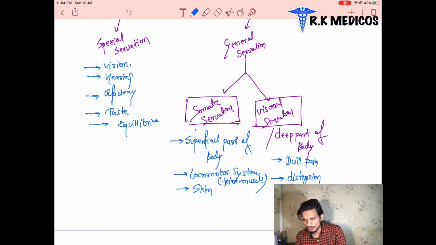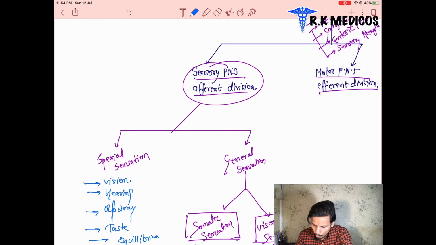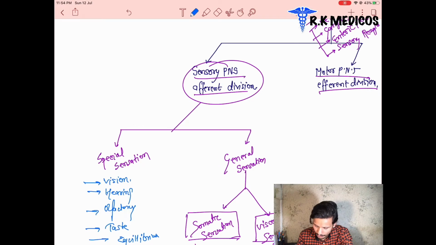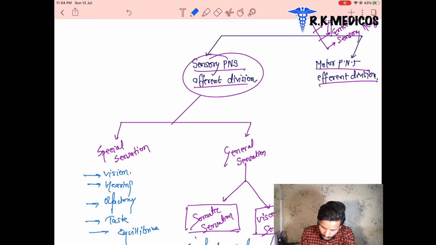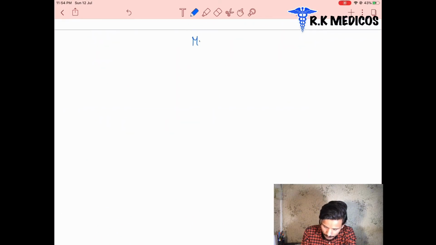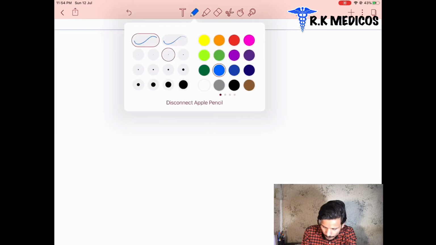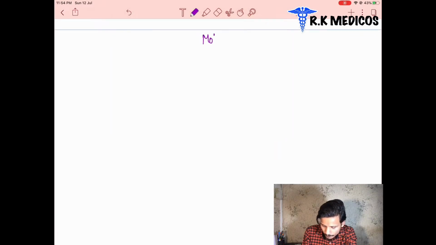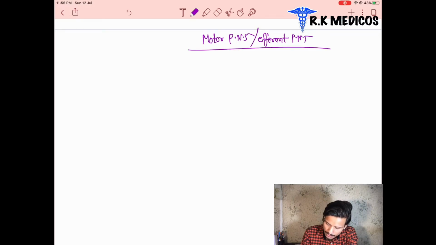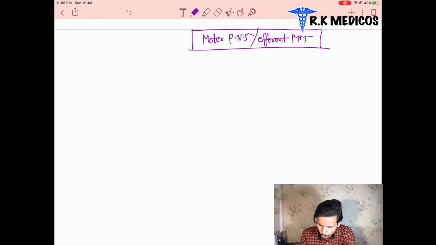Next is the motor PNS, or the efferent division. We are going to classify the motor PNS, also called the efferent PNS. It is classified basically into two parts.